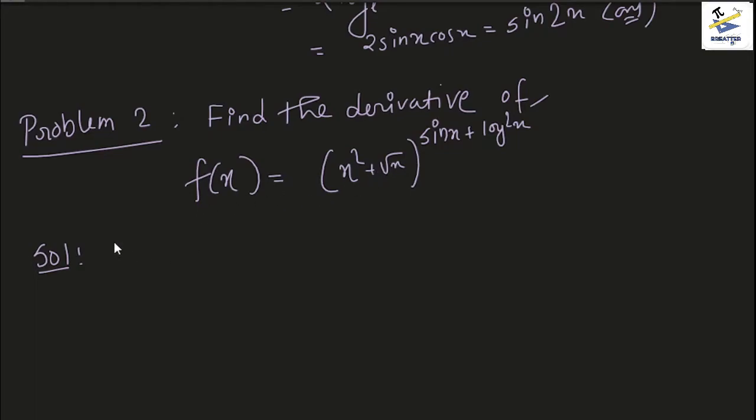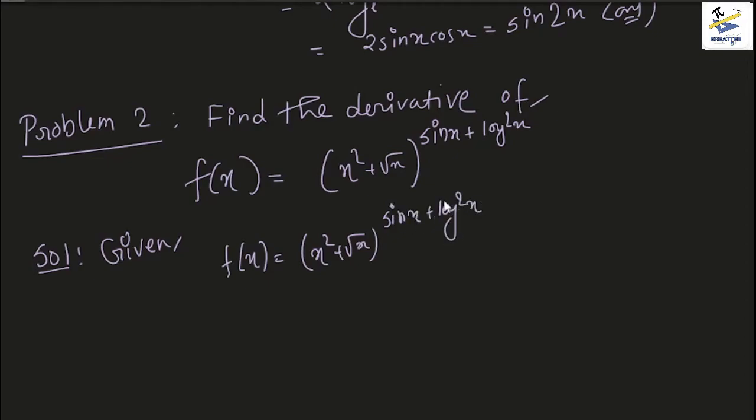So given f of x equals (x square plus root x) to the power sin x plus log square x, right?